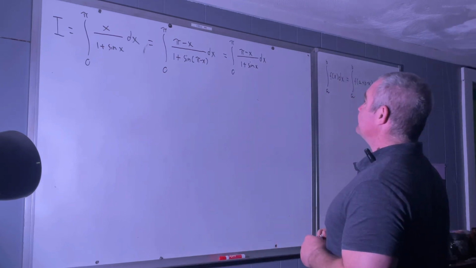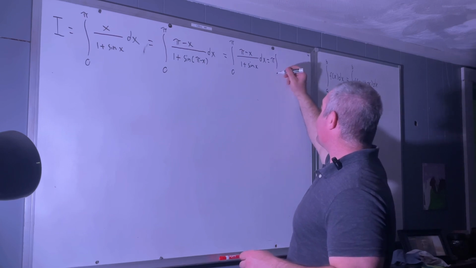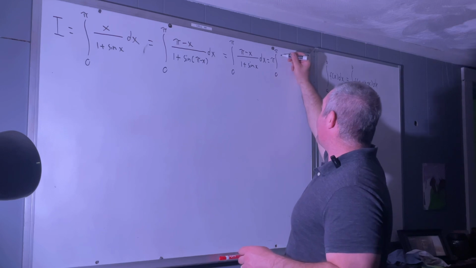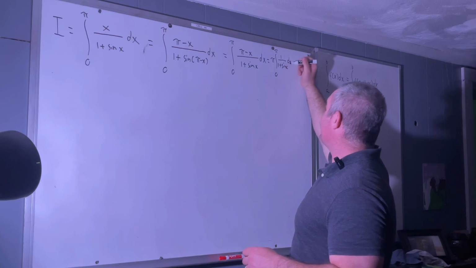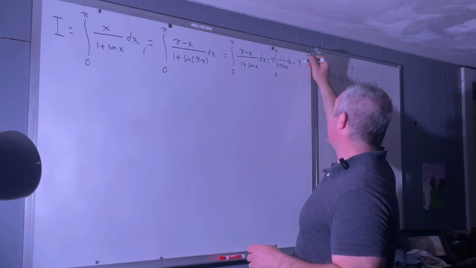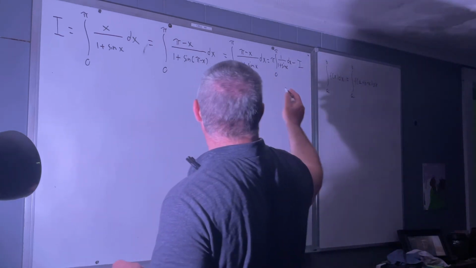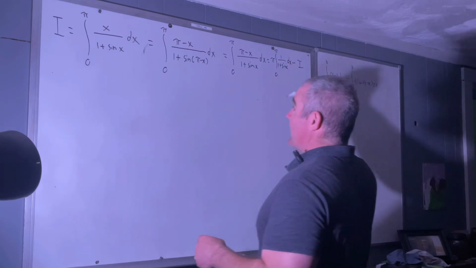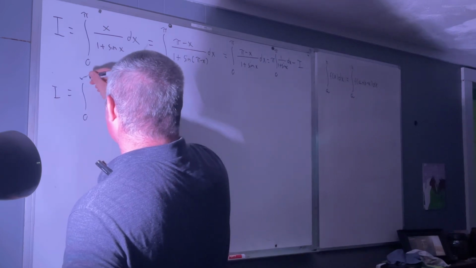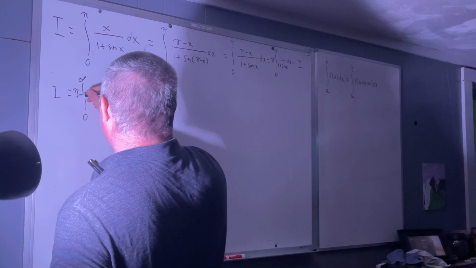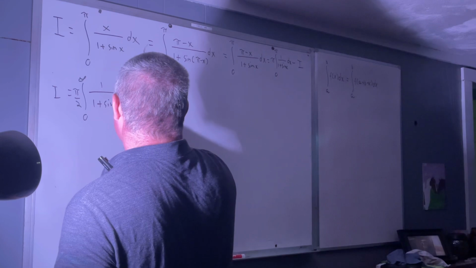And this is pi times the integral from 0 to pi of 1 over 1 plus sine x dx, minus I. Adding I to both sides gives us 2I is equal to this thing, or I is simply equal to the integral from 0 to pi of pi over 2 times 1 over 1 plus sine x dx.